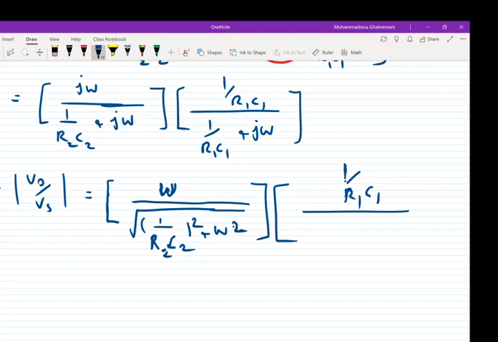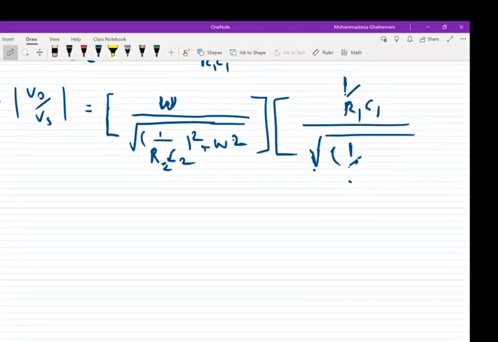and the denominator is square root of 1 over R1. Oh, just wait a second. I need to wait a few seconds for my pen to fix.